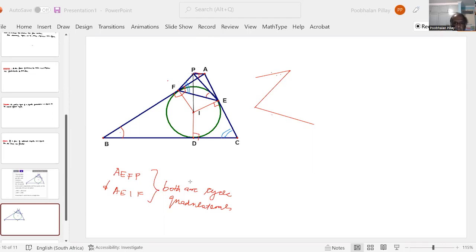Remember, we said here that both these are cyclic quadrilaterals, right?